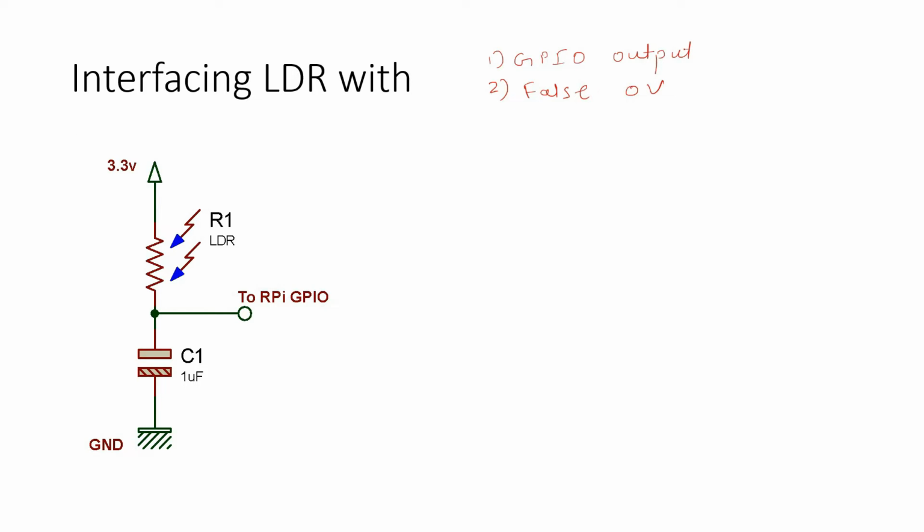Because of this 0 value, this pin of Raspberry Pi will become 0 volt. This pin is already ground, meaning 0 volt. So in this condition, the capacitor will be completely discharged. There is no charge on the capacitor at all.